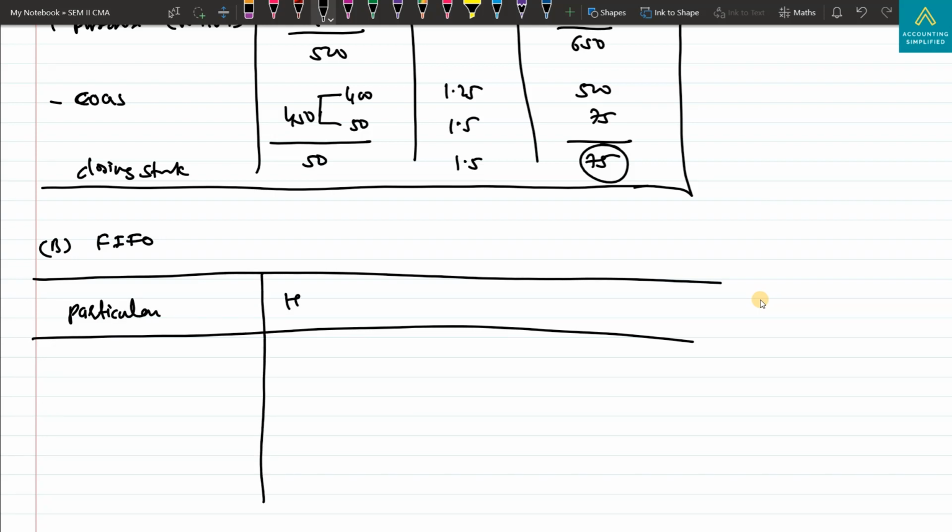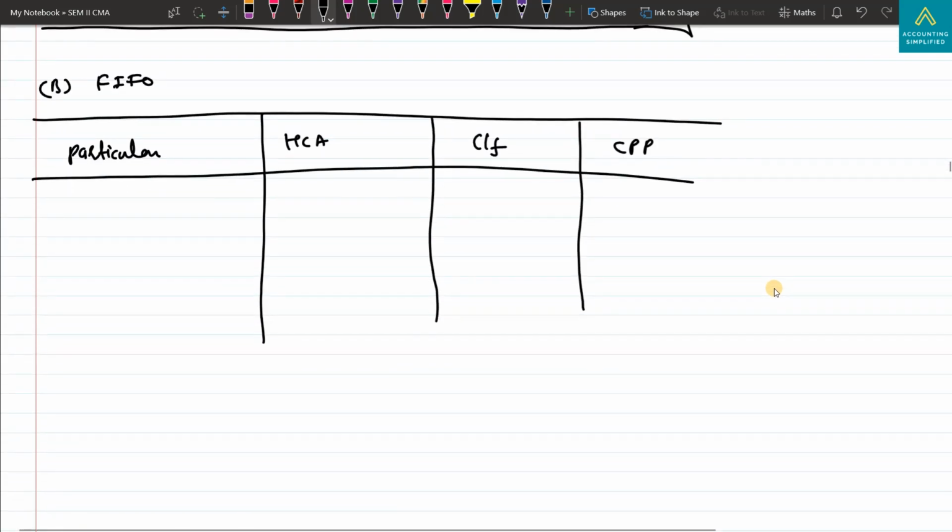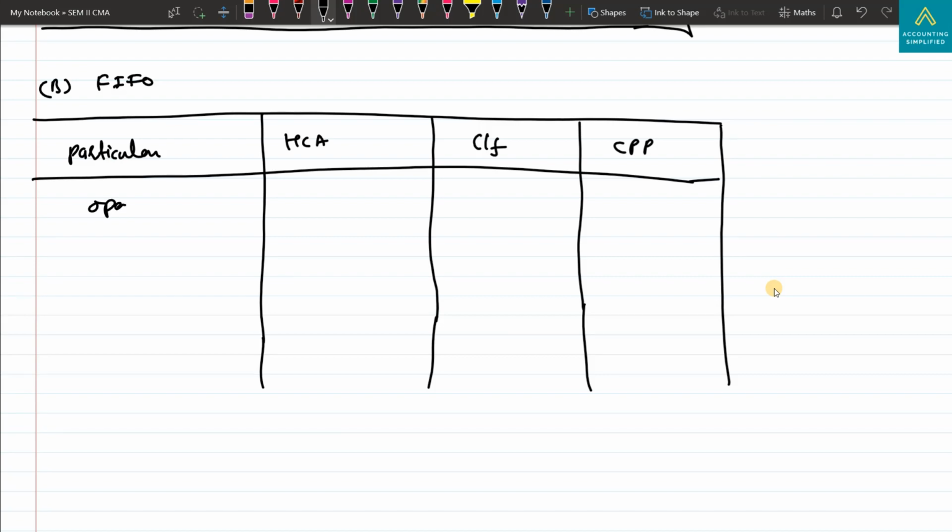Then HCA, historical cost accounting, whatever the value, this conversion factor and current purchasing price. You can draw next opening stock.